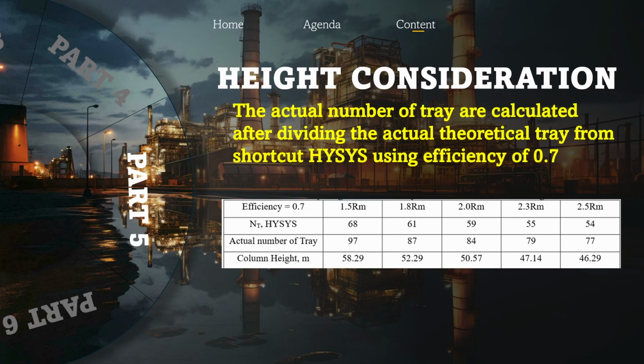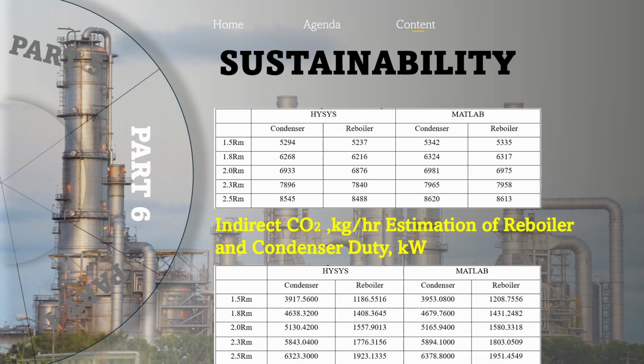As we can see, from 1.5 reflux ratio to 2.5 reflux ratio, the number of trays decreases and the column height decreases below 53 meters, which avoids the wind load limitation from the rule of thumb. The first table shows the duty estimation through both Aspen HYSYS and MATLAB Ponchon coding.